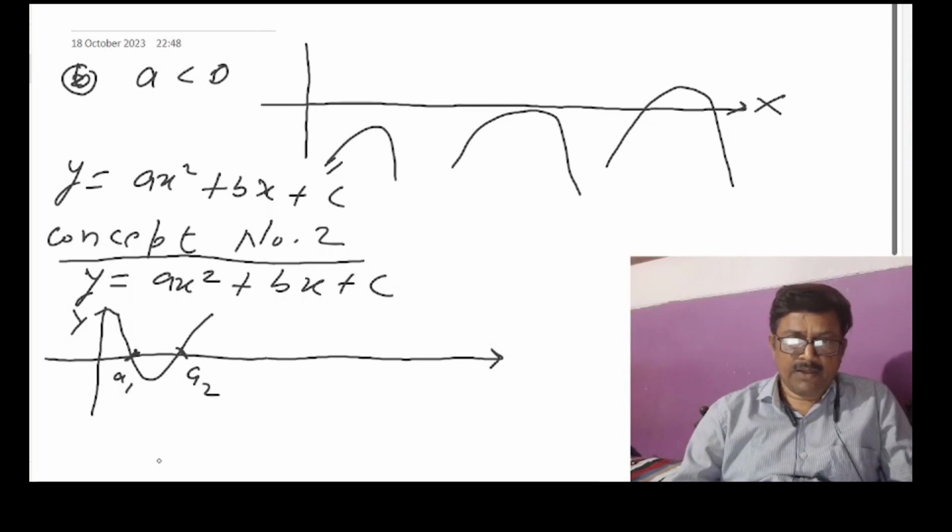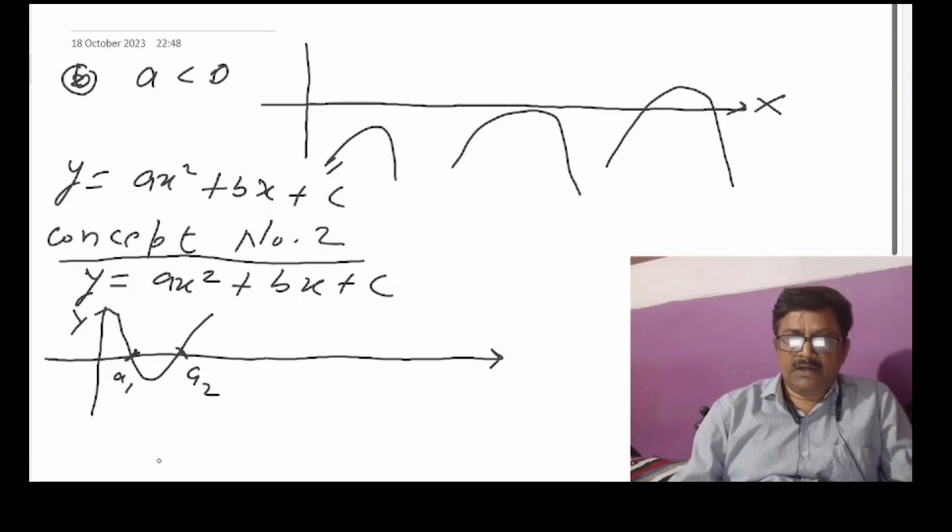It means on those points where the graph cuts the x-axis, y becomes 0; the expression becomes 0, the equation becomes 0. This is the definition of roots of any equation: if for any value of x the equation is 0, then that point is a root. So a1 and a2 are two roots of this quadratic expression.